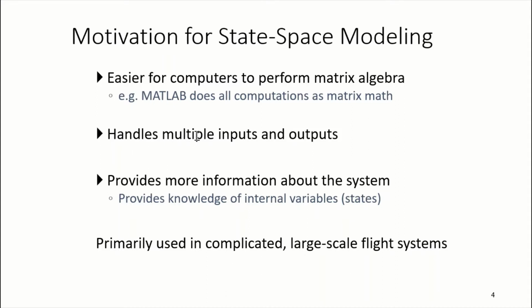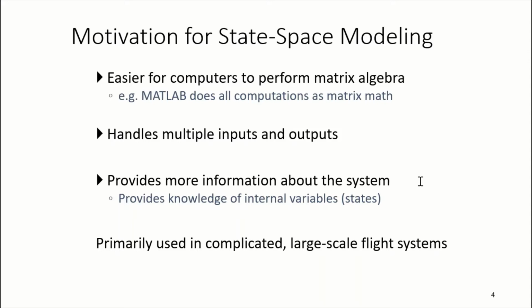It can also handle multi-inputs and multi-outputs as well. So if it's a multi-input, multi-output control system, it can cope with that without too much extension. It also provides more information about the system, because in an output feedback control system, you can only see the output.